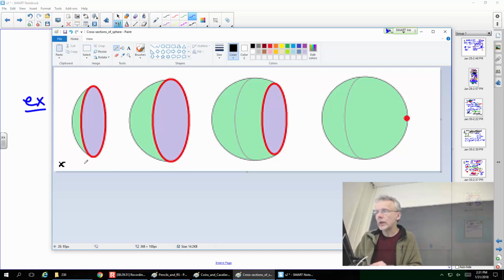So this could be x. Say the radius is 1. Then this might be negative 2/3 maybe. This is maybe negative 1/3. This is 1/3, maybe, or 2/3, maybe 1/2. And what's the value of x here?